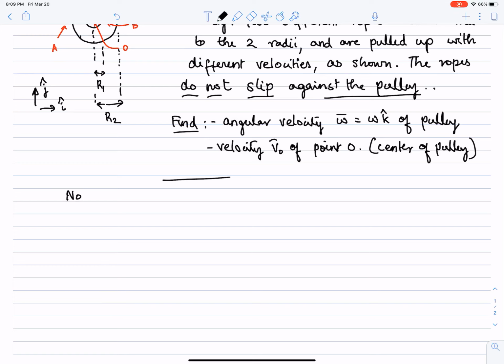No slip implies VA equals 3J meters per second. VB is 4 meters per second J.